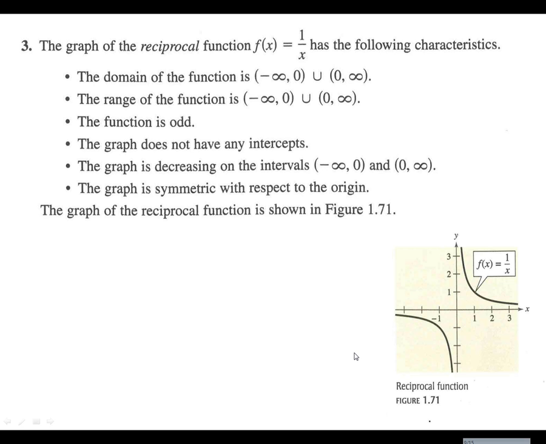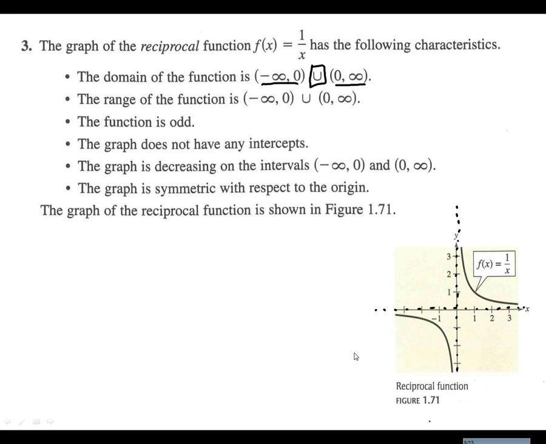The reciprocal function, something that you've probably been shown before but haven't seen in a while, f of x equals 1 over x, is going to look like this graph here with an asymptote. It will not cross the x or the y axes. So the domain of the function is negative infinity to 0, and then this thing right here is saying and 0 to infinity. So x can be anything you want except for 0.